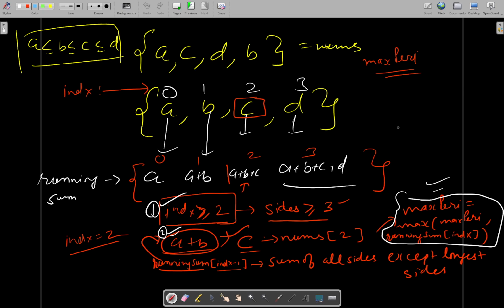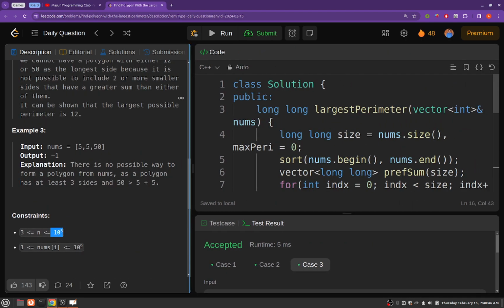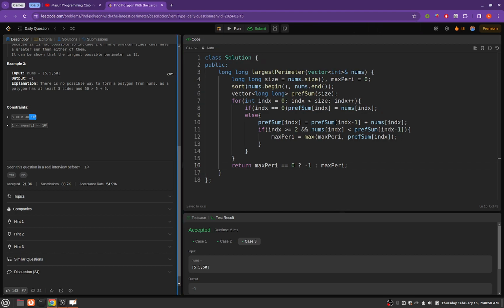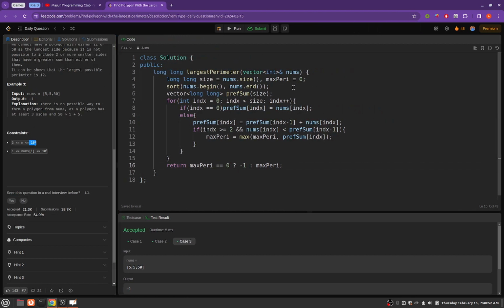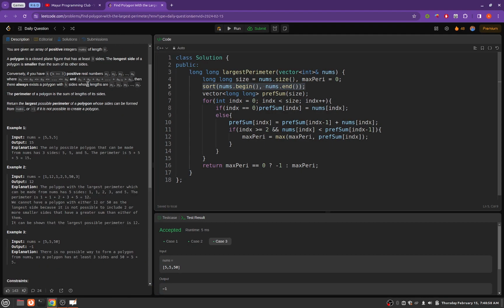So that is how we will approach solving this particular problem. And without any further delay, let's see the implementation of this approach. So this is the implementation. We have done sorting in order to satisfy the condition that all of the elements should be in increasing order.